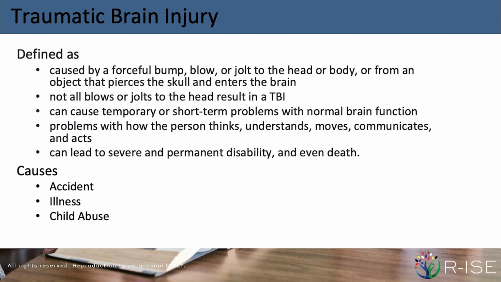TBI can cause temporary or short-term problems with normal brain function, problems with how the person thinks, understands, moves, communicates, and acts, and can lead to severe and permanent disabilities and even death. TBI is a result of accident, illness, or child abuse.